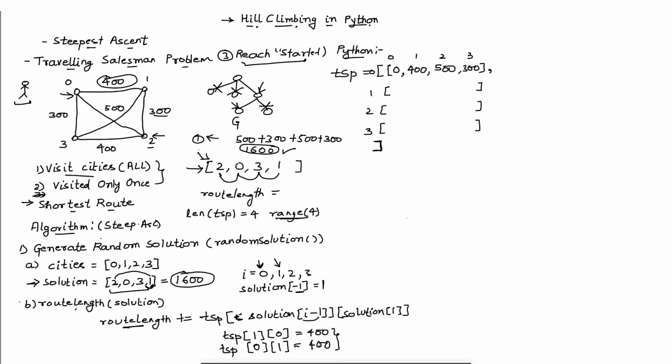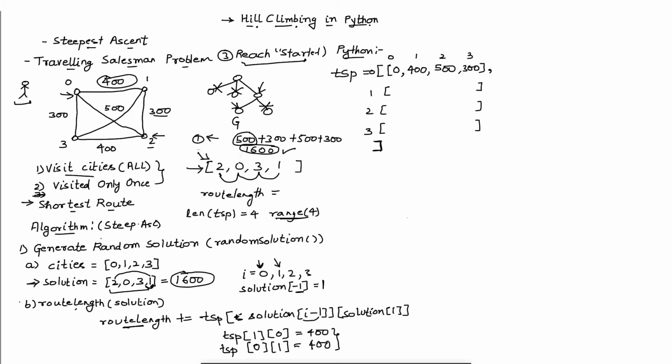So the reason why we are doing it twice is, you can see from this example itself, we will have to add the 500, and because we started from whatever node we started, we will have to reach it again here, right? Let's say this is the solution 2031.